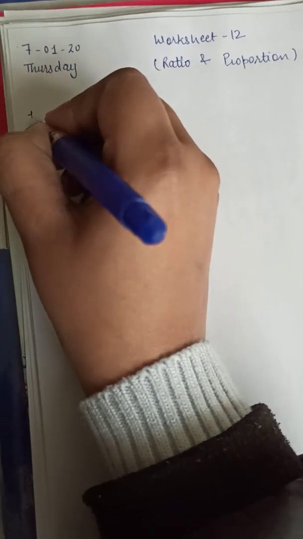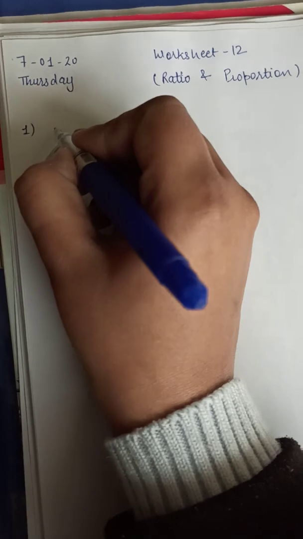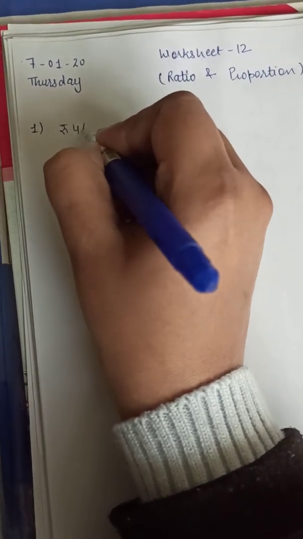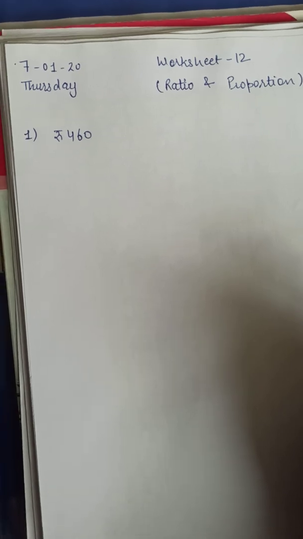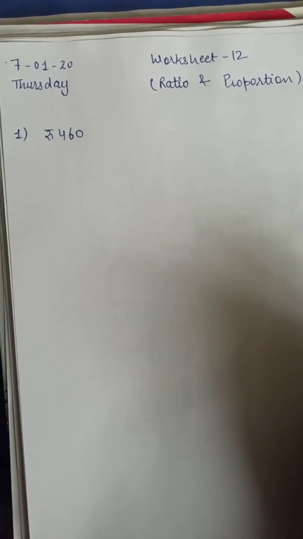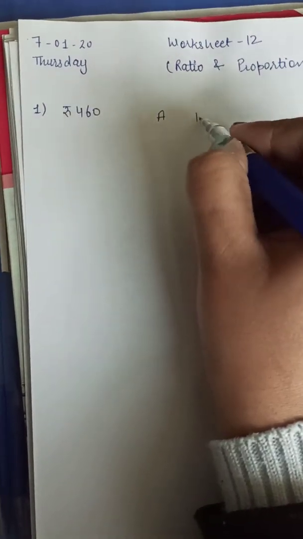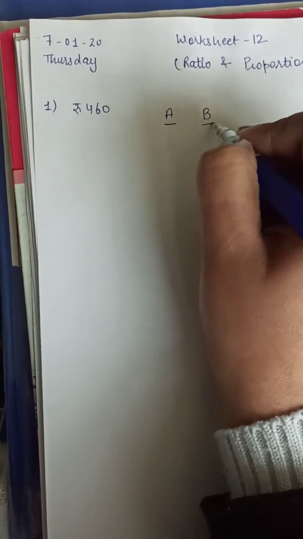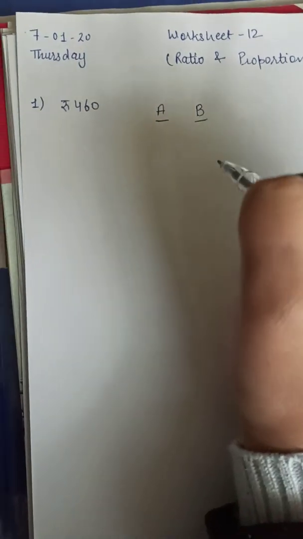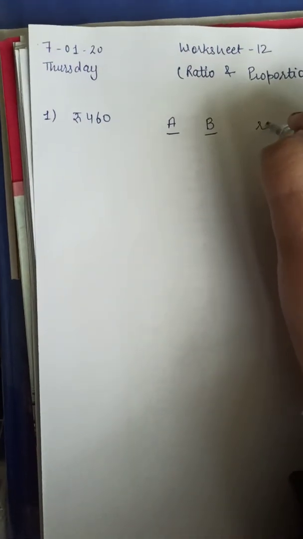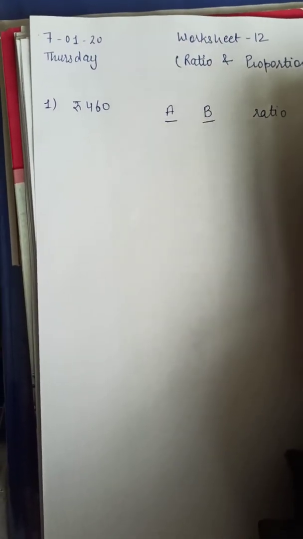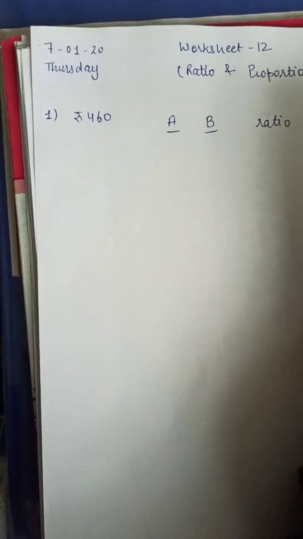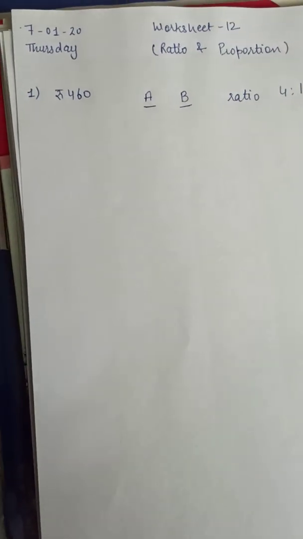So the first question of your worksheet is that if rupees 460 is distributed between A and B, means two students or any two persons A and B, in the ratio 4:1, then A will get how much rupees?